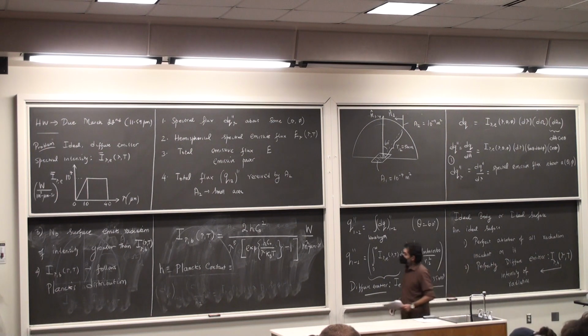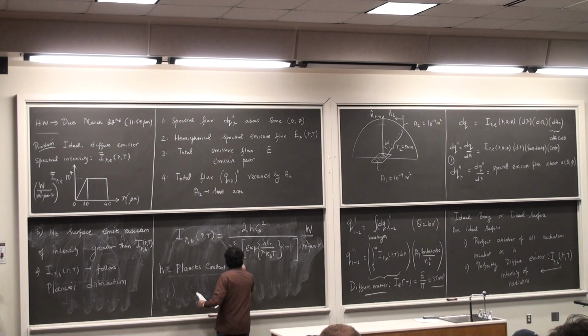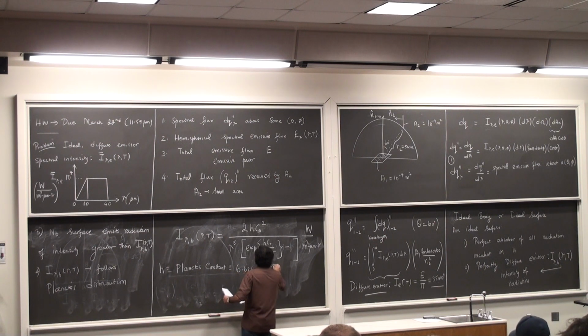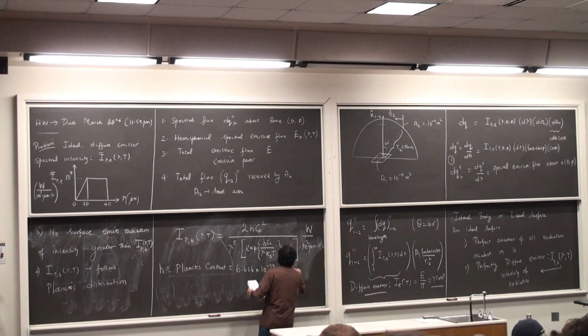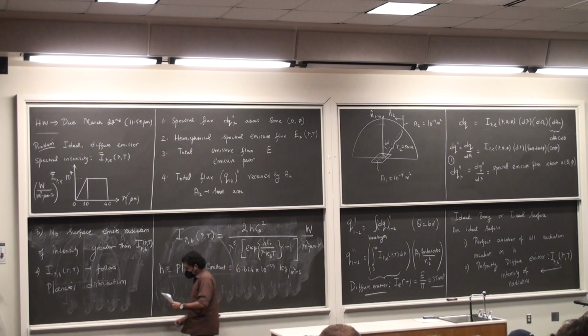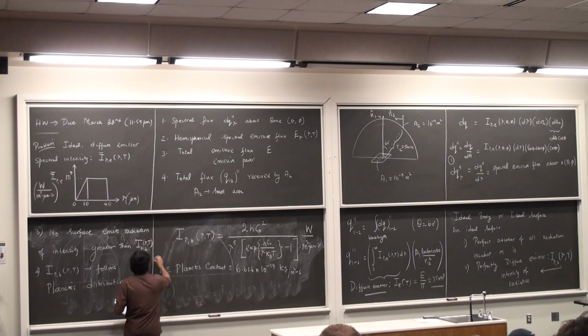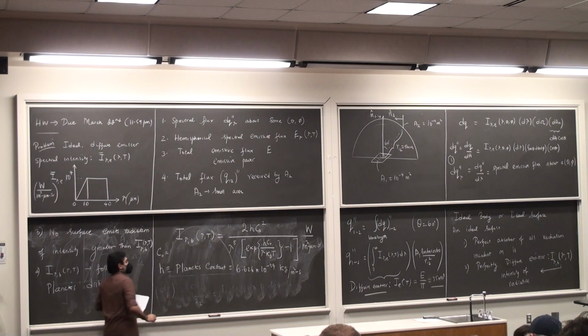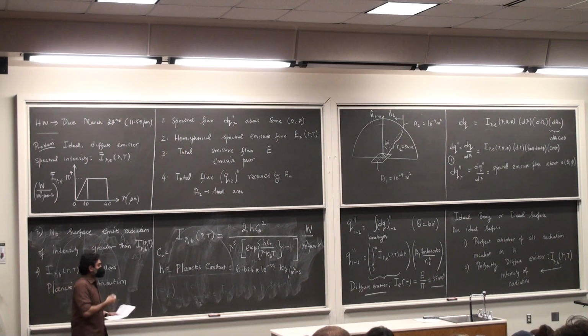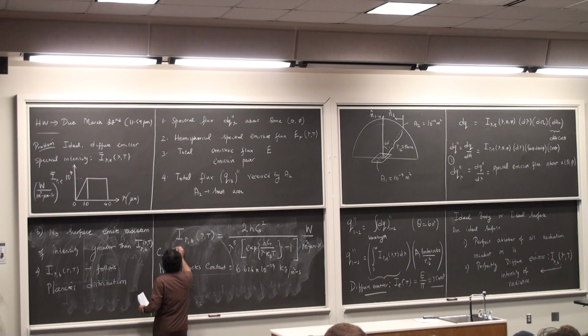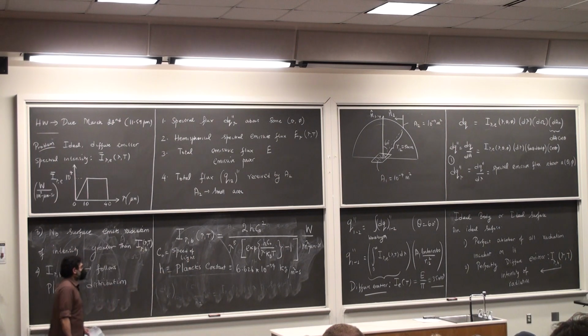This is 6.626 times 10 to the power minus 34 kg meter square per second. C naught is the speed of light in vacuum, which is 3 times 10 to the power 8 meters per second.